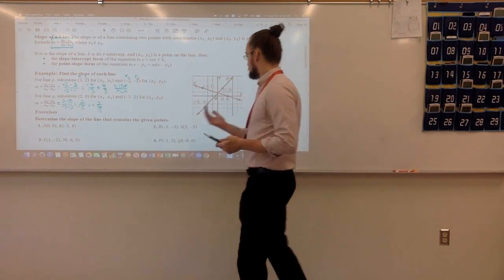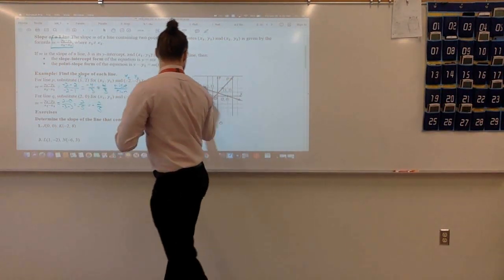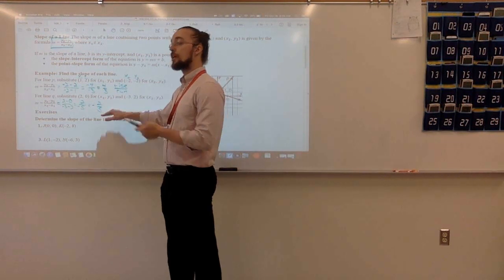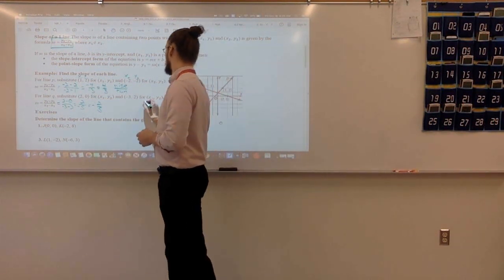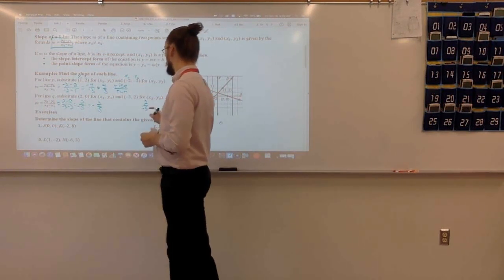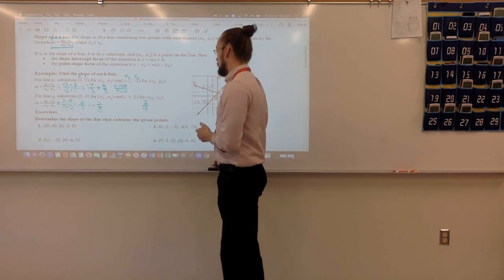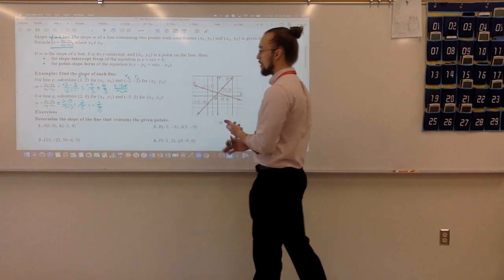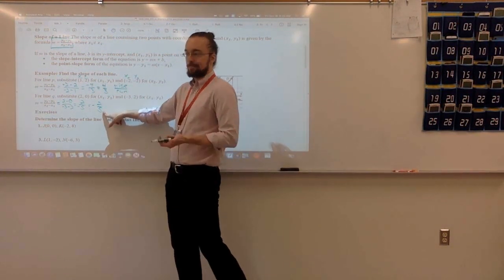So that's one way. I always like to just say up or down and then right, but technically that is true. If we say 2 over negative 5, this would be up 2 and then left 5. For kids to remember, I've found it's easier to just say up or down and then always right.